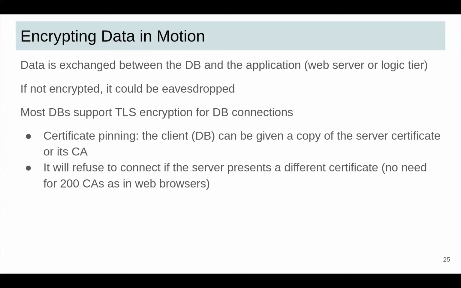This is different from the web, where you have to accept a very large amount of certificate authorities, which is the biggest threat on the web or for web security. Here, you know that this is your database that you're connecting to. Therefore, you can lock towards it and refuse connection if anything else is being presented.